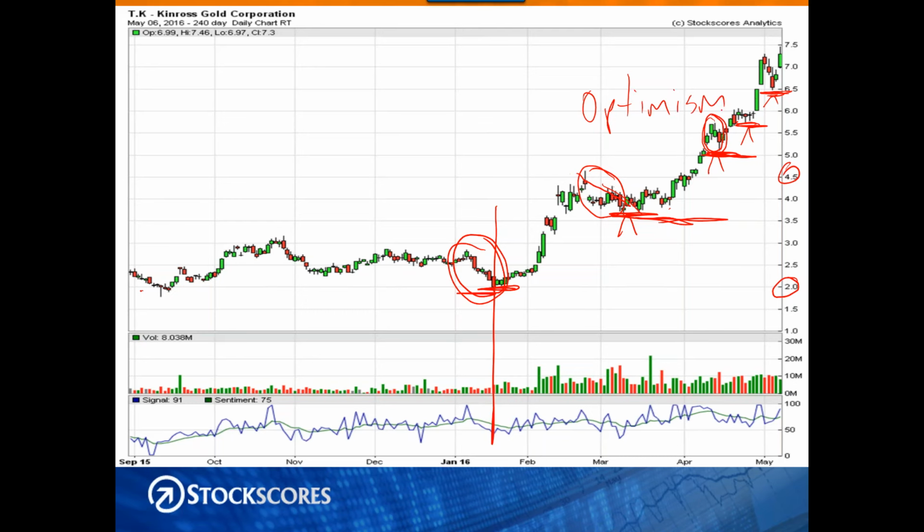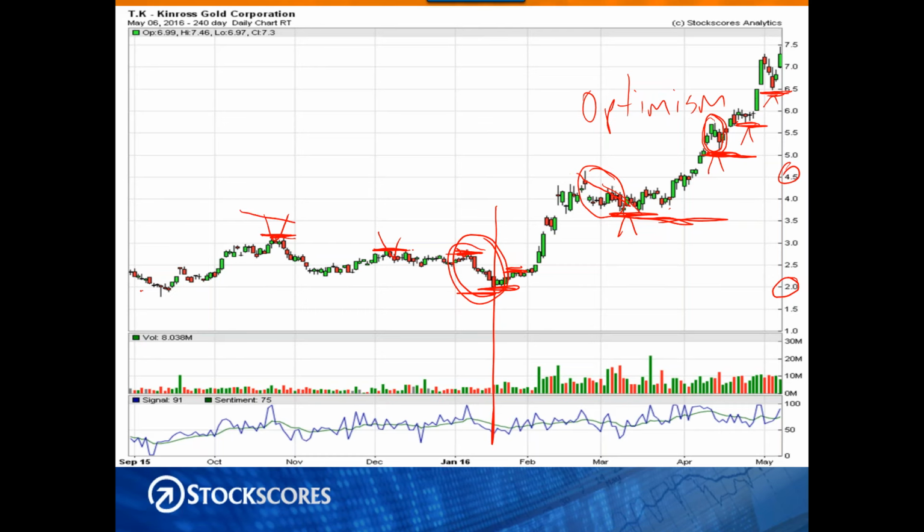Now, how do you think we're going to find pessimism? Well, pessimism occurs when the tops on the chart are falling over time. Now there's not a lot of pessimism in this chart, but this top is a little lower than this one, which was a little lower than this one, which was a little lower than this one.